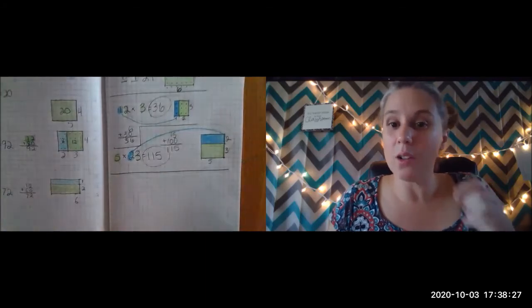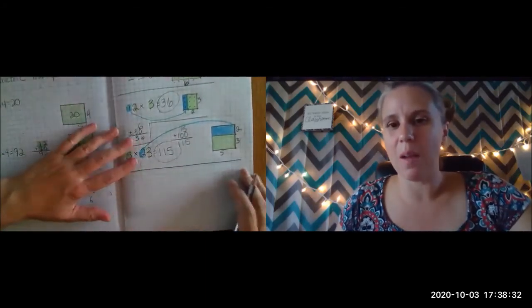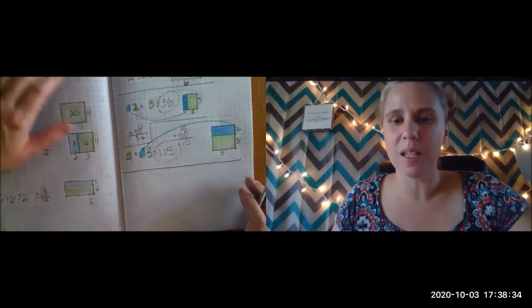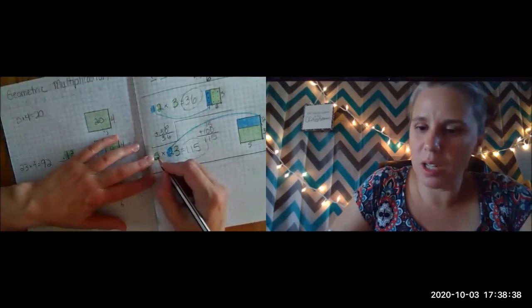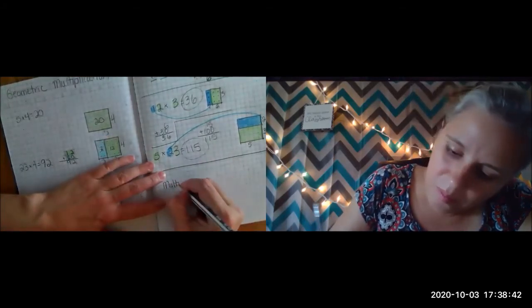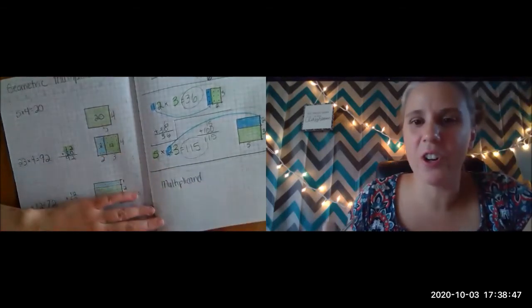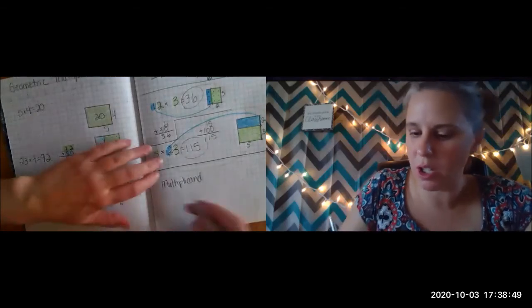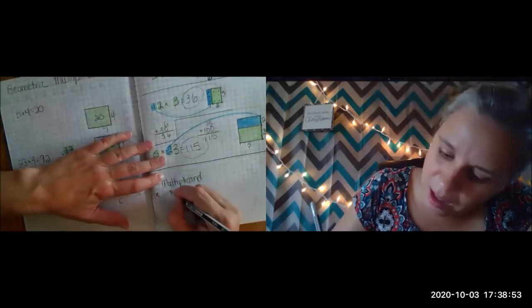So I introduced a couple new words, and I want to add those here. And so for your follow-up this week, I want you to add this to this page of your journal because I'll be talking about these words. The first number in a multiplication equation is called the multiplicand. The multiplicand is the first number in a multiplication equation, and then you multiply it by the multiplier.